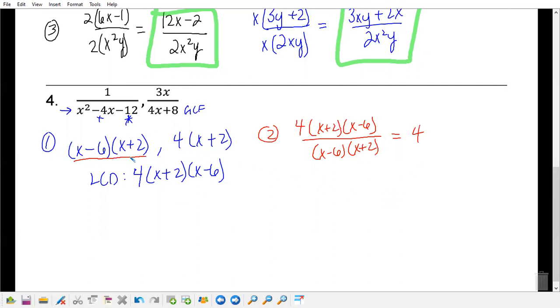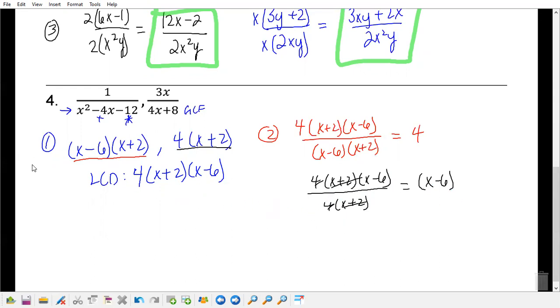Then I'm going to do the next one. I have 4 times x plus 2 times x minus 6 divided by 4 times x plus 2. That leaves me with x minus 6.